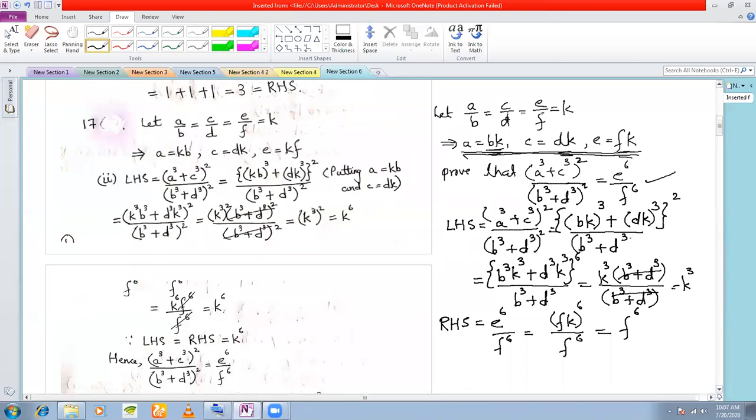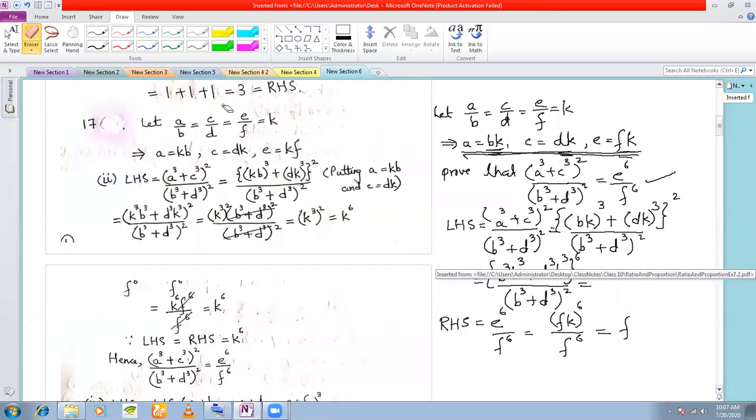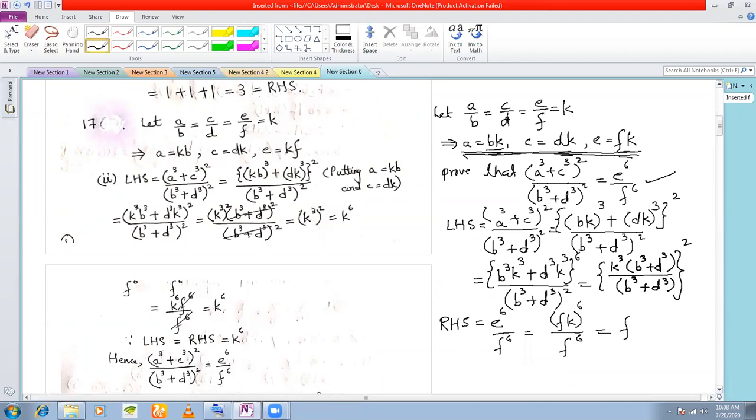So when I open the brackets, this becomes k cube times b cube plus d cube divided by b cube plus d cube whole square, square of the numerator and denominator.